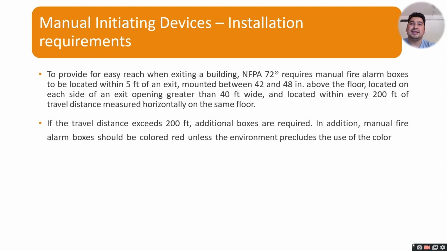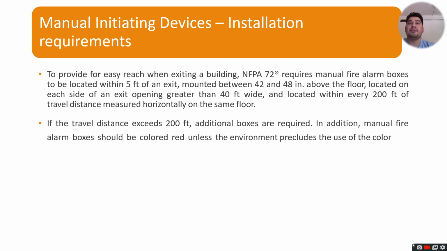To provide for easy reach when exiting a building, NFPA 72 requires manual fire alarm boxes to be located within 5 feet of an exit. They should be mounted between 42 to 48 inches above the floor, located on each side of an exit opening greater than 40 feet wide, and located within every 200 feet of travel distance measured horizontally on the same floor.